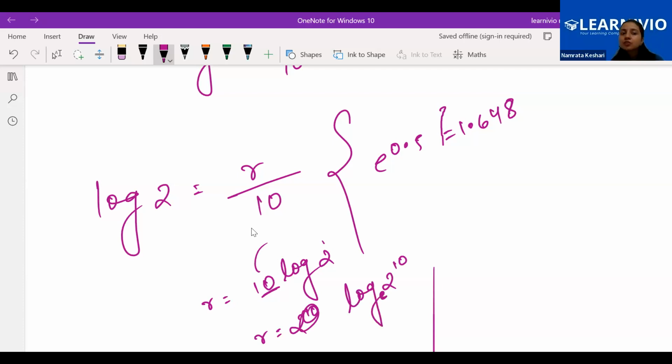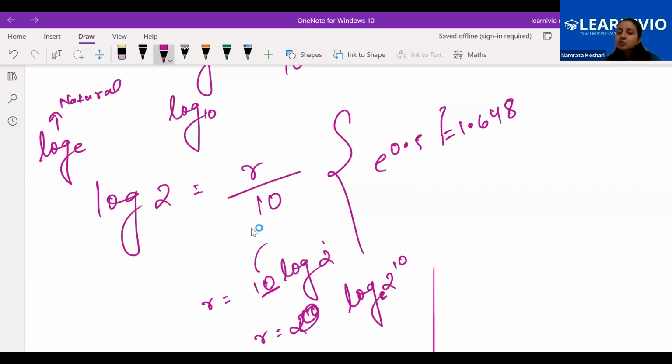There are two logarithms. One is called the natural log, having base e. And one more logarithm we are having is the common log, base 10. In general we use either base 10 or base e.